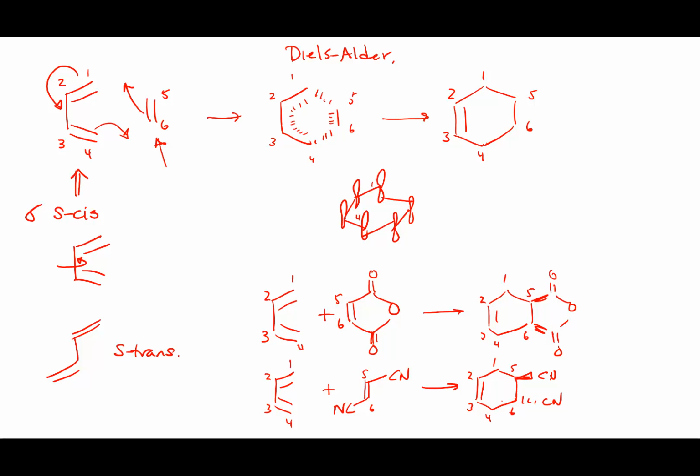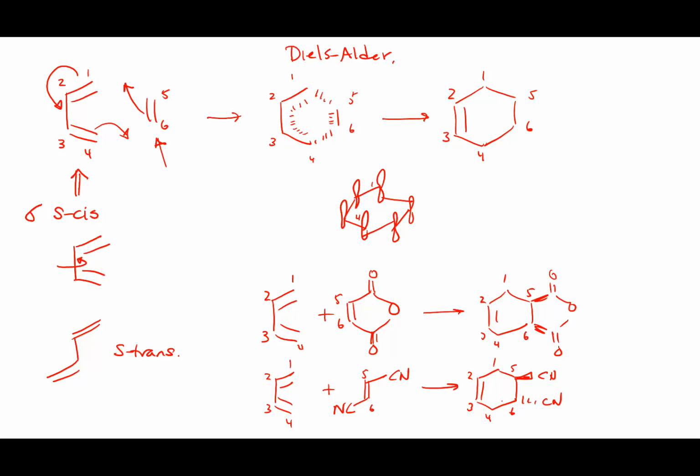Whatever the stereochemistry of the double bond is, cis or trans, it will react and it will be transferred into the product. Because the diene is going to cooperate with the double bond. It's not going to form this bond, and then a few minutes later form this bond. Both bonds form at the same time, which means whatever the double bond was, it's stuck. So that stereochemistry is locked in.